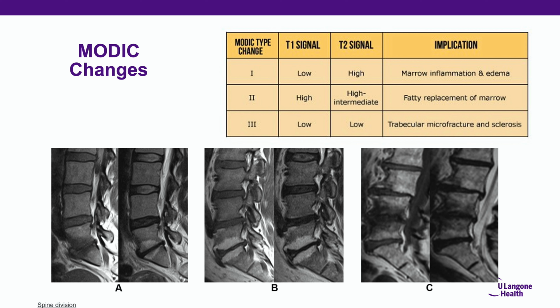The first is inflammation or edema, which is shown as a low intensity signal in T1 and high intensity signal in T2, meaning high water content, edema. The second one is the fatty replacement, which is usually high both in T1 and T2. And the third is the sclerosis and microfracture, which is usually low both in T1 and T2. This can be a cause of low back pain.